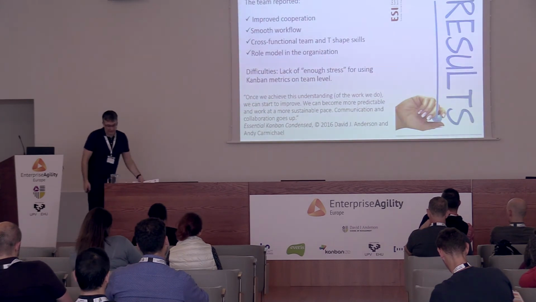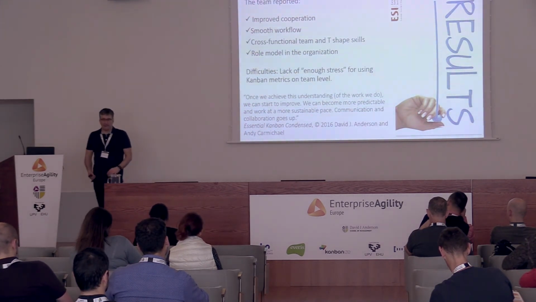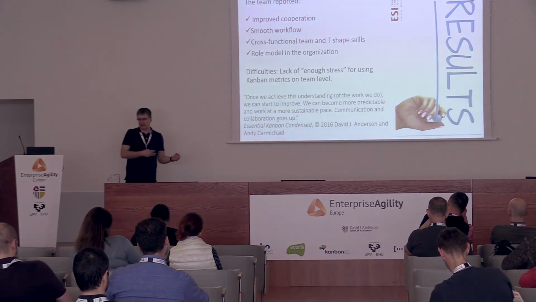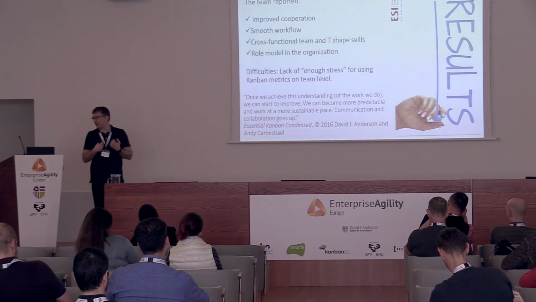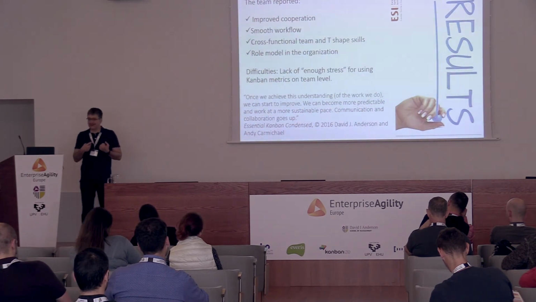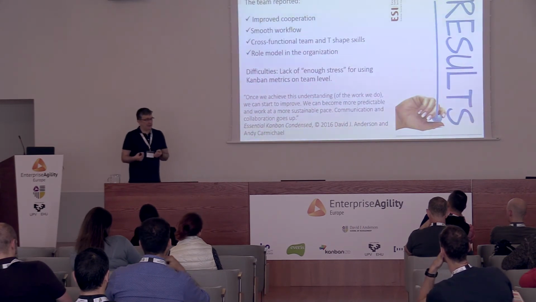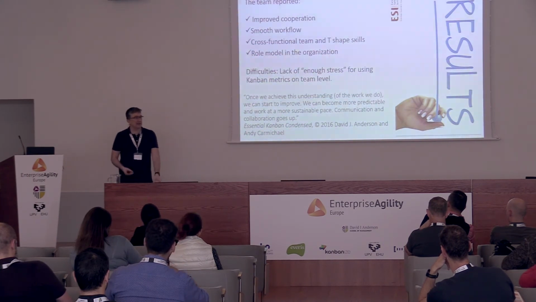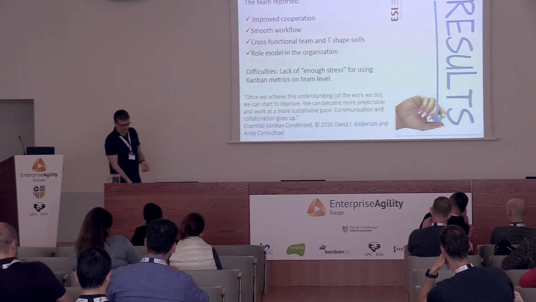So for me, it was a very good proof of the main idea behind the Kanban maturity model. And as a lesson learned, next time I really would start with some more formalized Kanban training, and I would start with explaining to the team and to the organization the logic behind the Kanban maturity model.